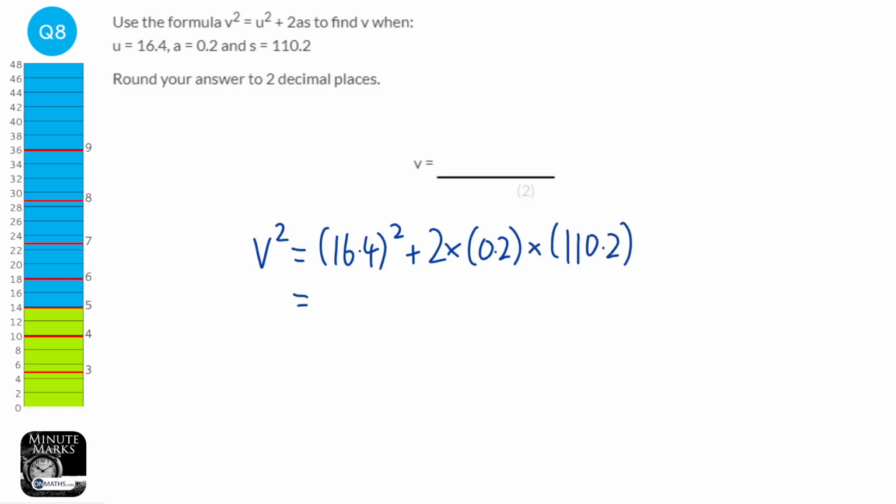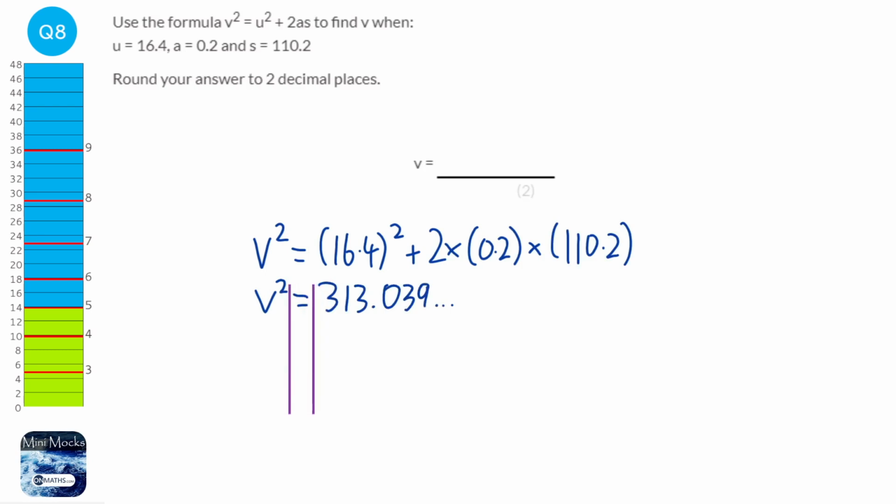Type that into the calculator and you get 313.039... And we're just going to quickly solve this by square rooting both sides, because it's v squared equals and we just want v equals. So v equals, and we're just going to square root that on the calculator, 17.692... It wants it to 2 decimal places, so that's just going to be 17.69.